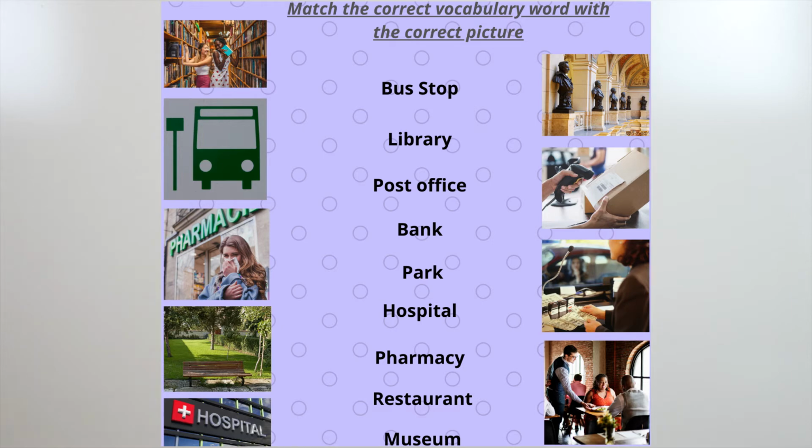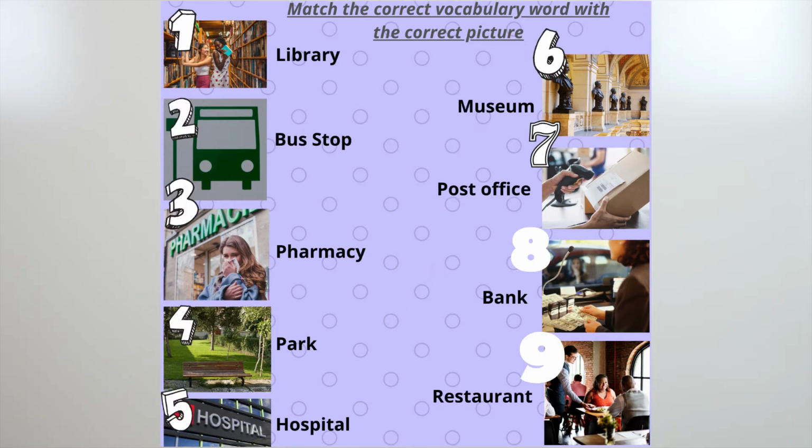Okay, let's see how we did. Number 1, library. Number 2, bus stop. Number 3, pharmacy. Number 4, park. Number 5, hospital.